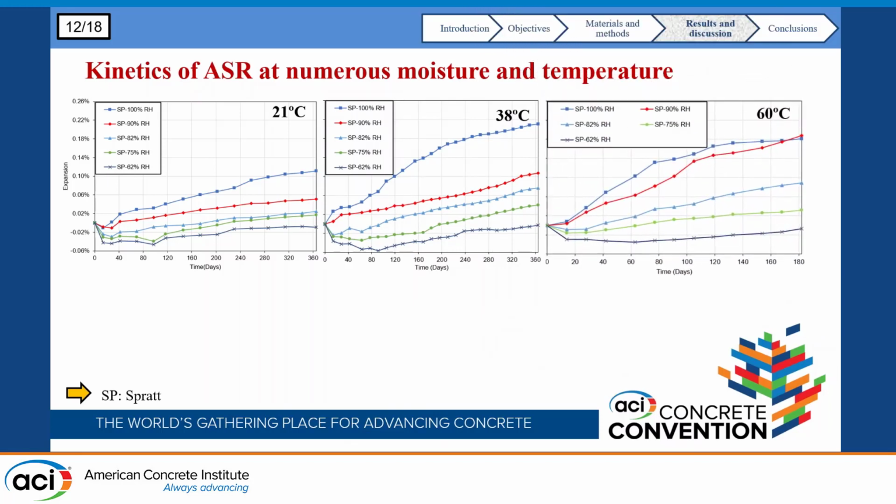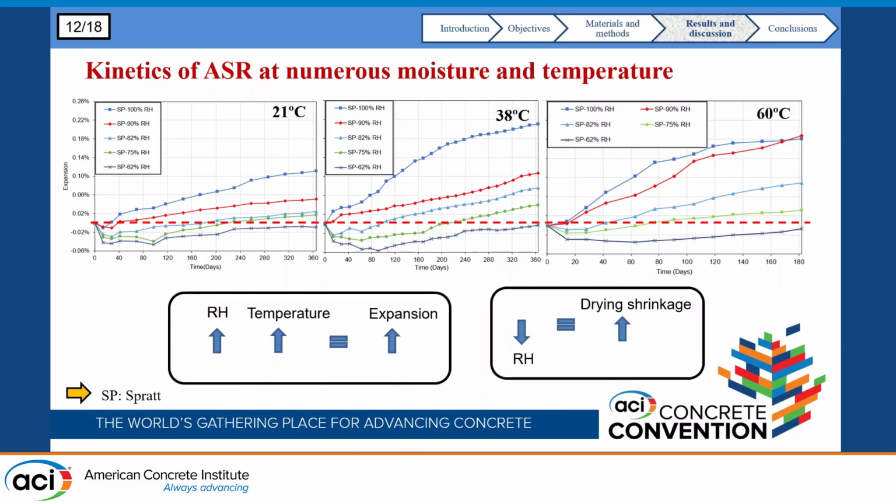Now, to give a correlation of these results at these 3 different temperatures, we realized that the highest ultimate expansion was attained at 38 degrees Celsius, and at low relative humidity, especially at 62, 75, and 82%, we experience a high drying shrinkage.